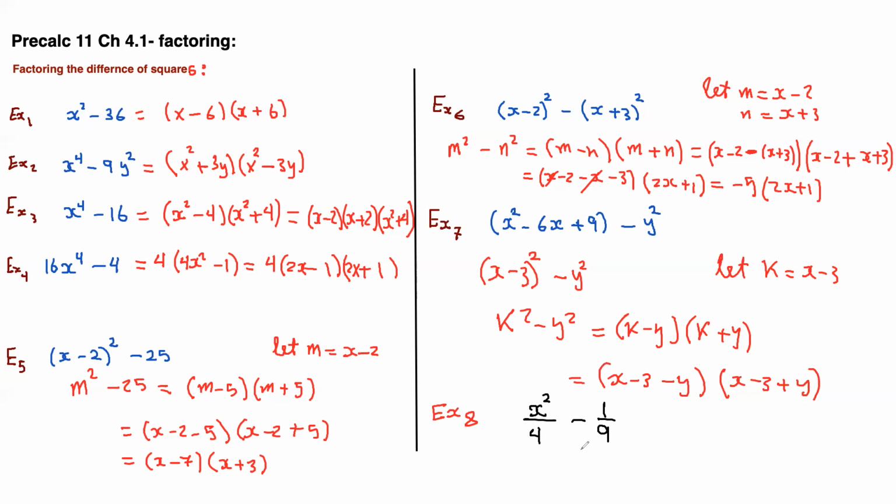It's a difference of squares again. So very simple. Minus, plus. The square root of x squared is x. The square root of 4 is 2, so x over 2, minus the square root of 1 is 1, the square root of 9 is 3, and you write that again.